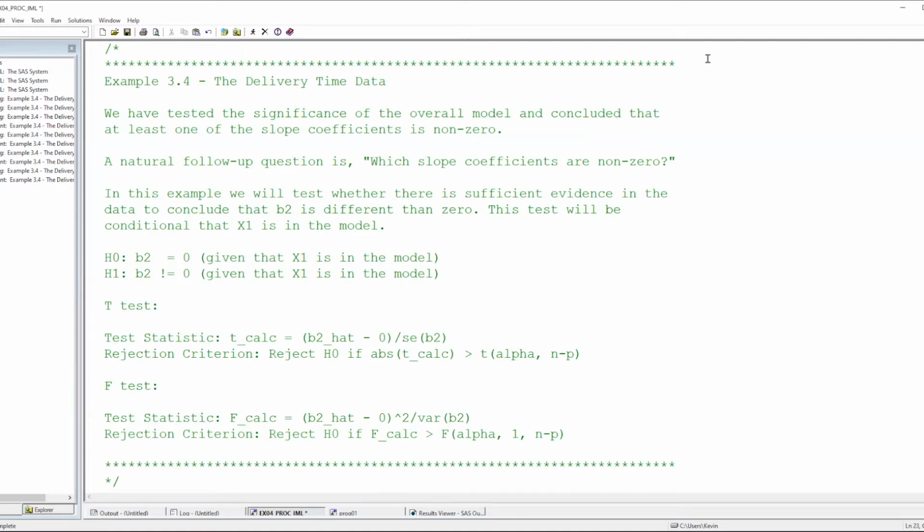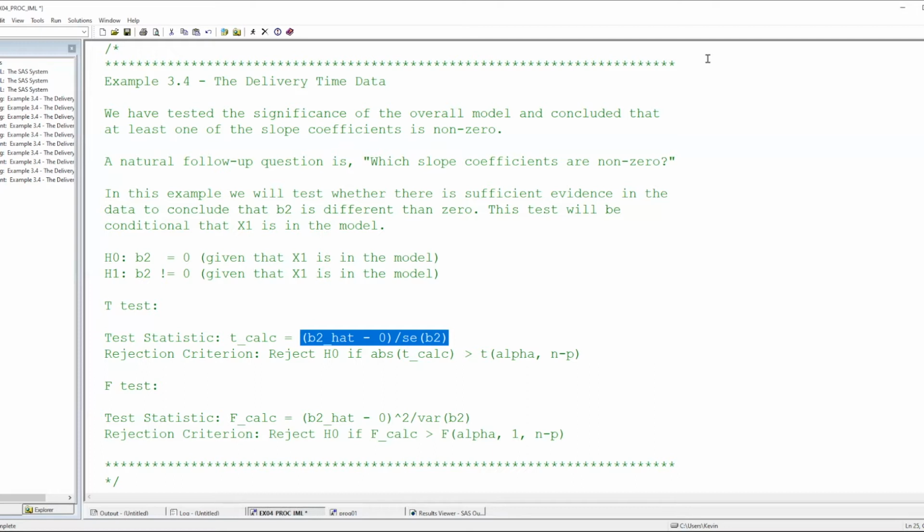Now we're going to use a t-test to perform this test, and as you'll recall from your first methods class, the form of a t-statistic is a ratio, the numerator being the difference between the point estimator for the parameter we're testing a hypothesis about. So beta 2 is the parameter we're testing a hypothesis about, and so I'll use beta 2 hat to represent the point estimator.